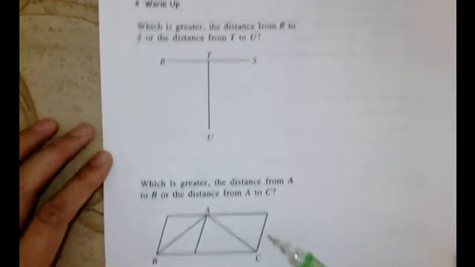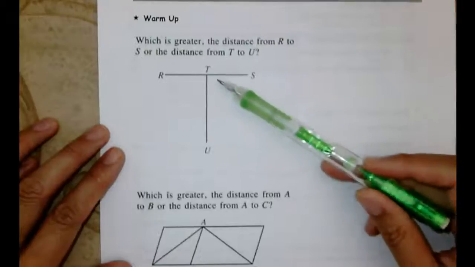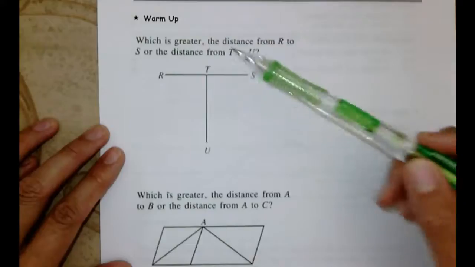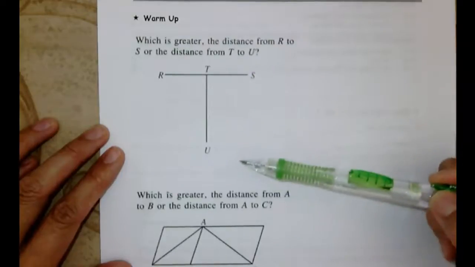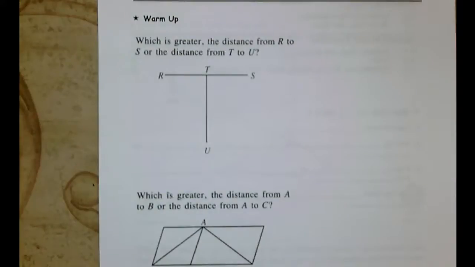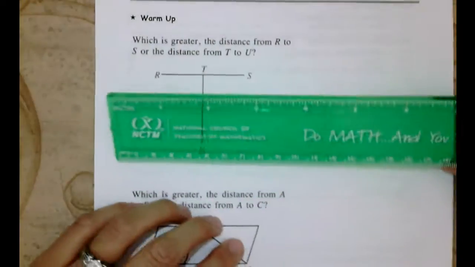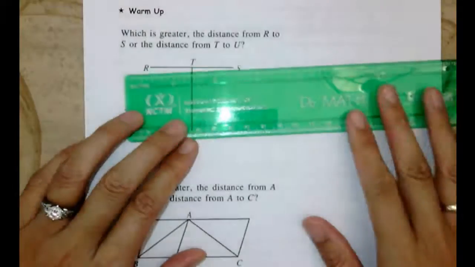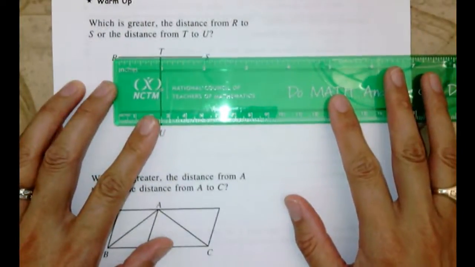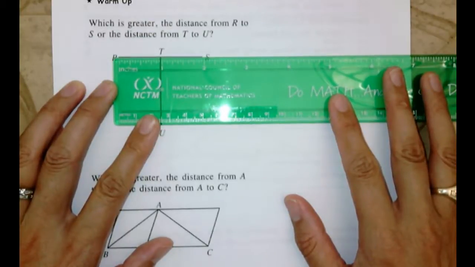Okay, how many people thought that TU is longer? And how many people thought that these are the same length? Let's just measure and see the difference. So RS is a little bit less, 1/16 less than 2 inches.